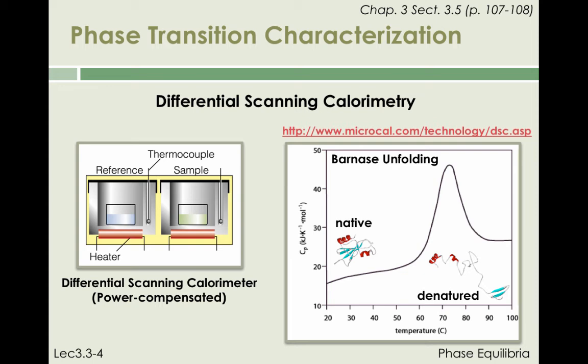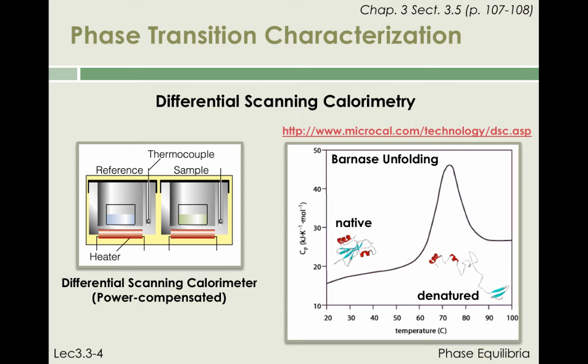We would also be able to conclude that this protein has a molar heat capacity at constant pressure of about 27 kJ per mole per Kelvin at temperatures of 90 to 100 degrees Celsius, when it is in the denatured state.